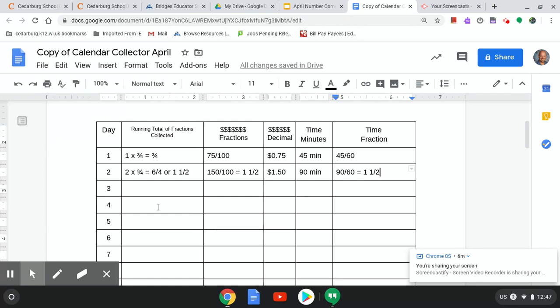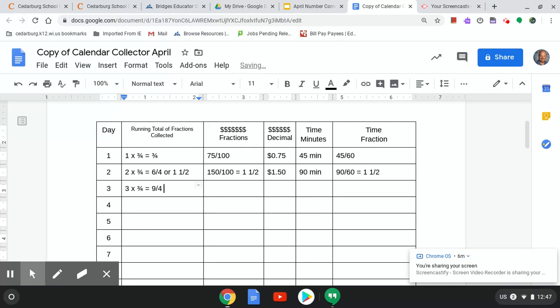All right, now we're going to finish up with today's date. That would be 3 times 3/4. And what does 3 times 3/4 equal? If 2 3/4 was 6/4, I'm going to assume that 3 times 3 is 9.